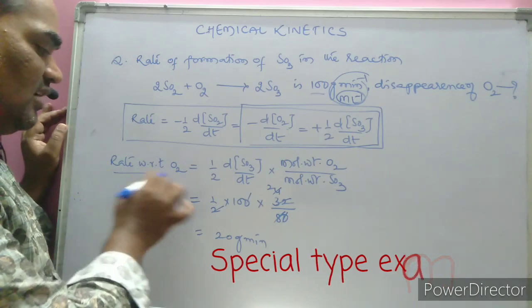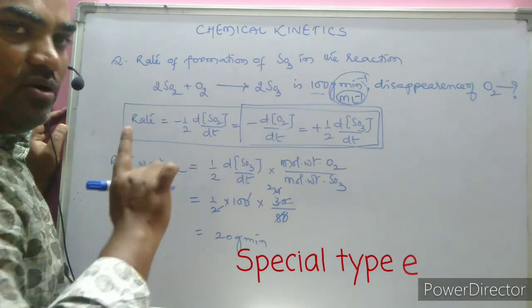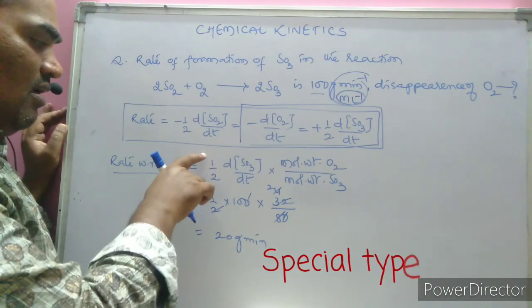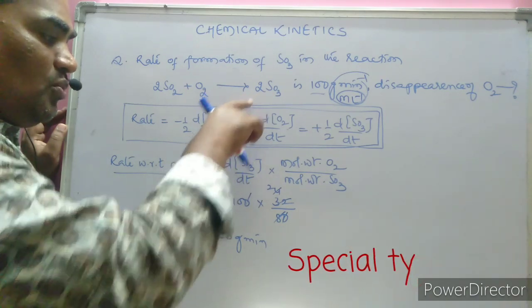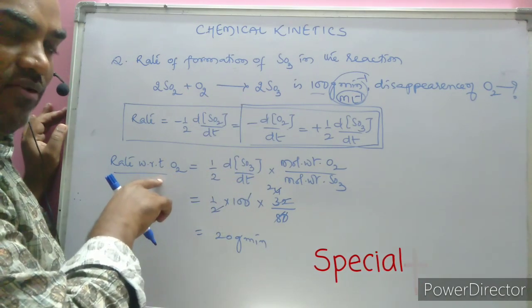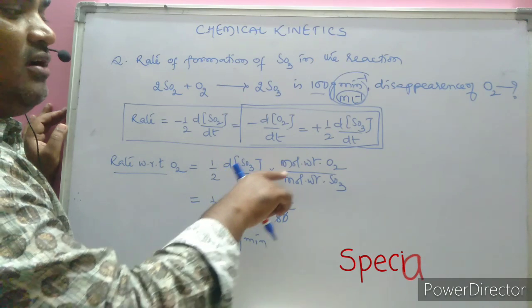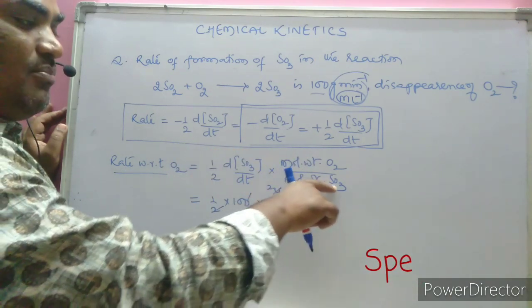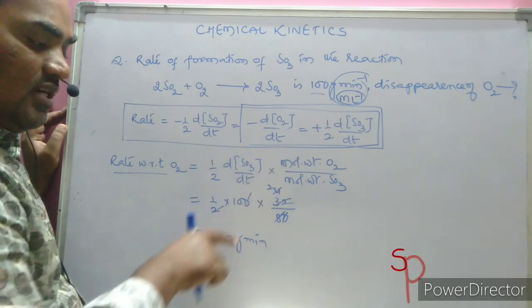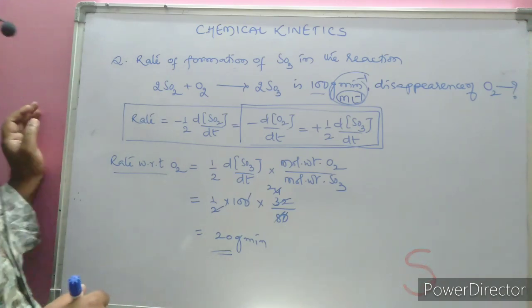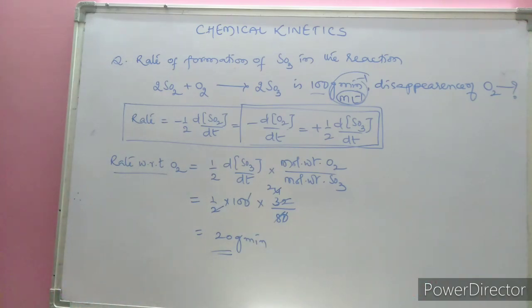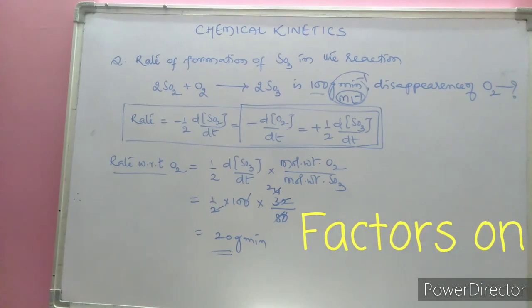In such cases, if the weight is expressed instead of the concentration, then half into dSO3 by dt, if I want to calculate the disappearance of O2, times the molecular weight of oxygen by the molecular weight of sulfur trioxide, on solving we get the answer 20. Need to take care if it is given in terms of weight instead of concentration in moles per liter.